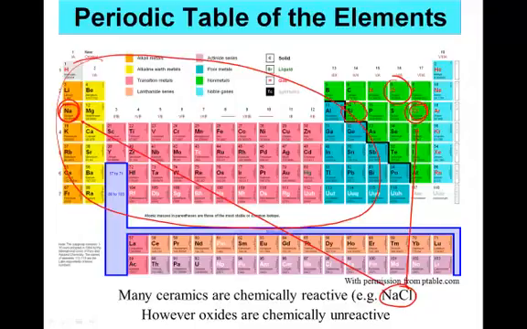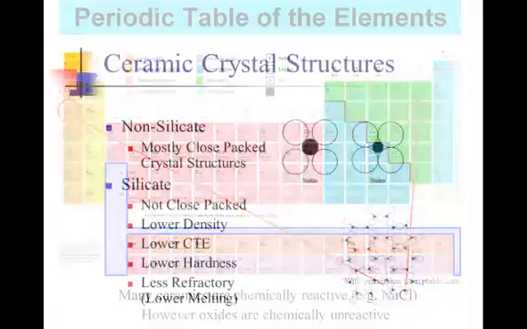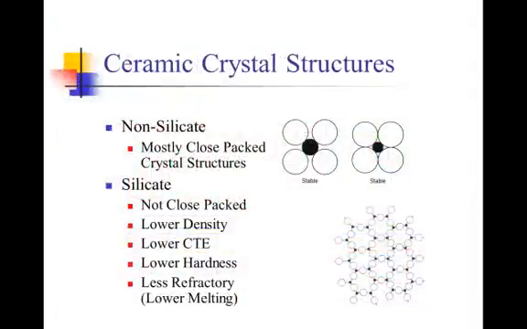And so silicates, combinations of silicon and oxygen to make ceramics, and sometimes with other metals added to them also. Silicates are the most common types of ceramics that we will encounter. And that's important because silicate ceramics and non-silicate ceramics form different structures with different properties.